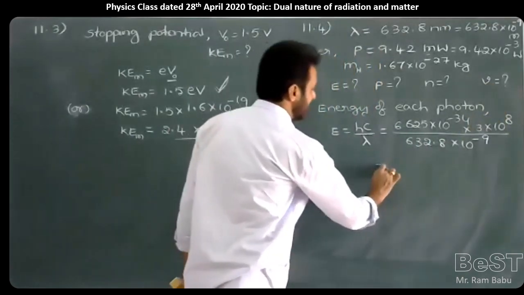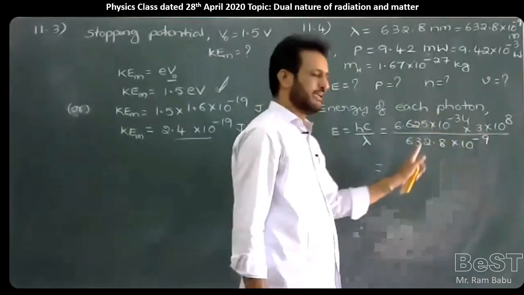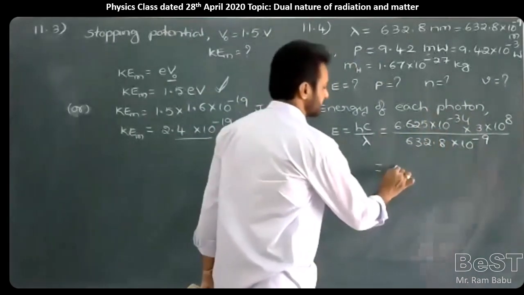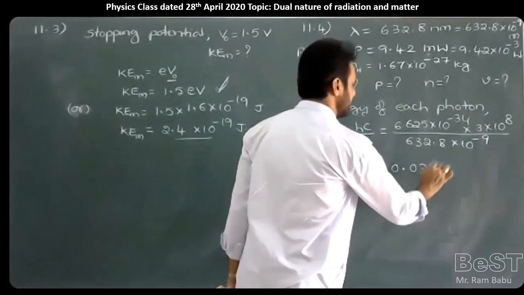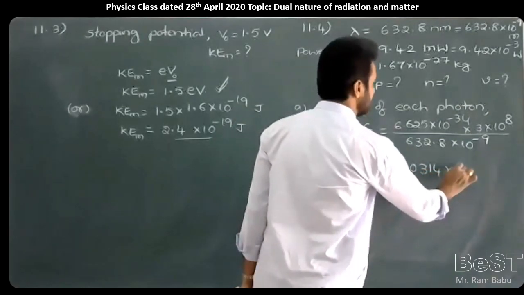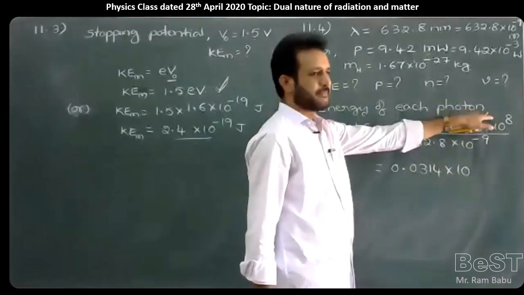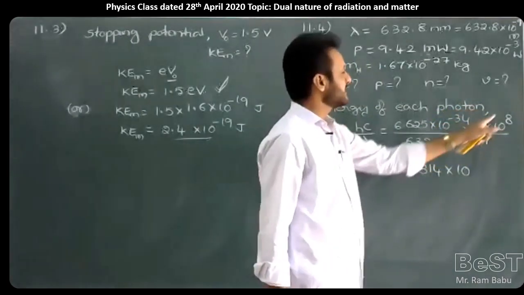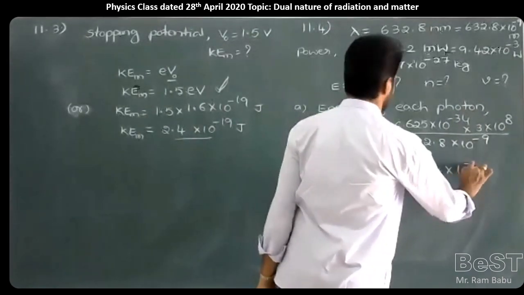Now we need to multiply 6.625 into 3 divided by 632.8, which gives 0.0314. Taking the 10 to the power of minus 9 to the numerator as plus 9, 34 minus 17 gives 10 power minus 17.